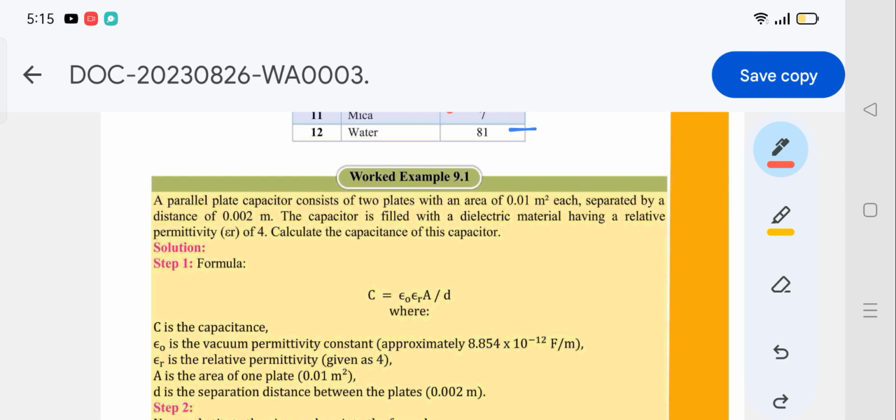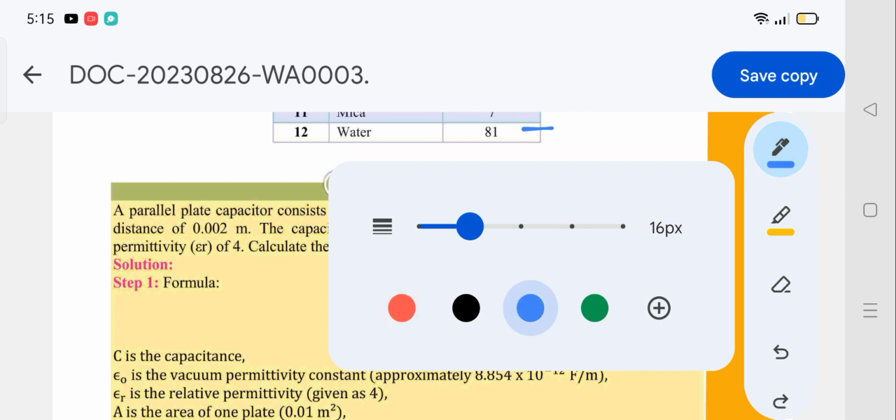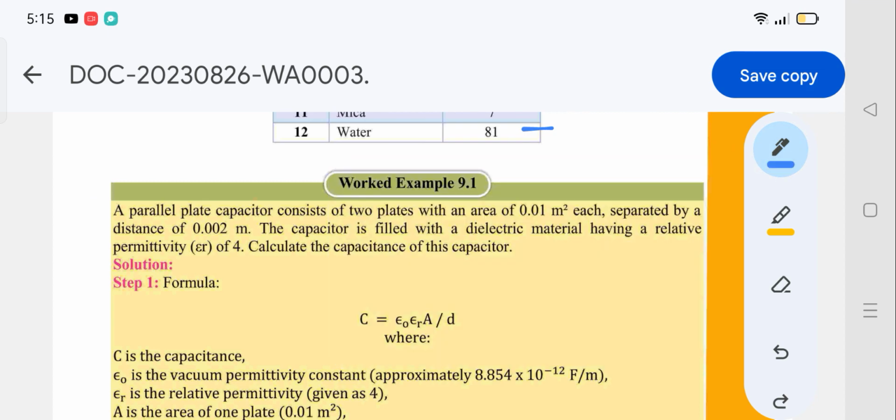From today onwards we'll be going through the worked examples, then we will move towards the multiple choice questions and numericals of this book. I should write the date here as well. Today is 10, 2023.